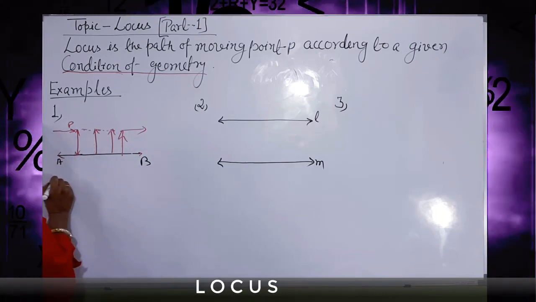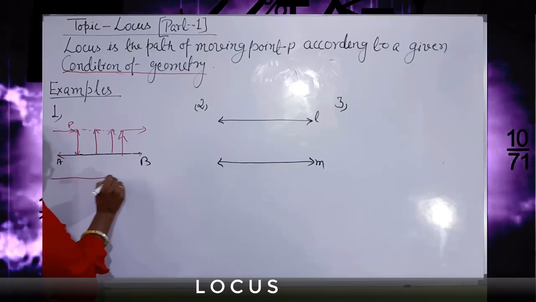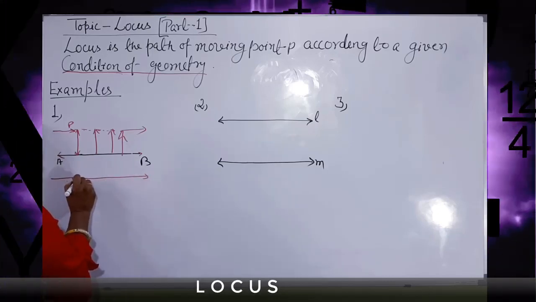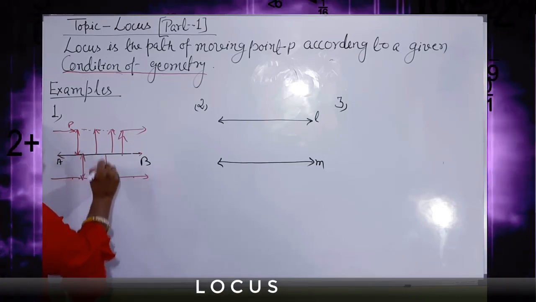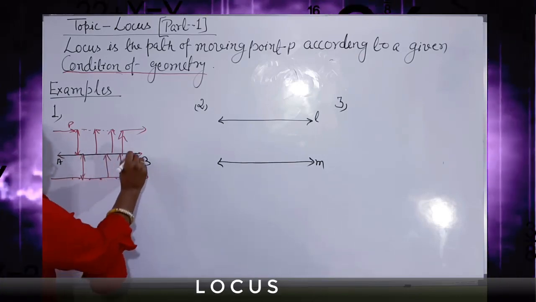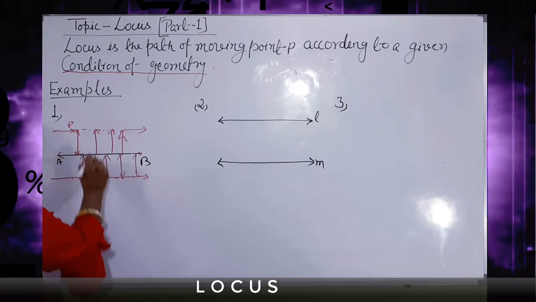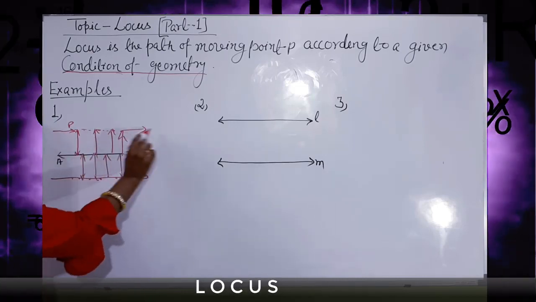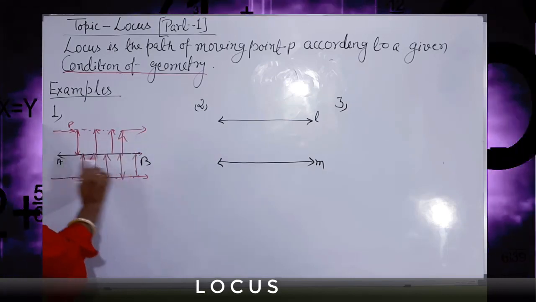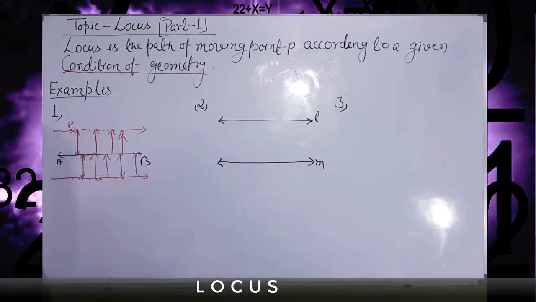So each and every point is equidistant from AB, above the line AB and below the line AB. That means these two lines are parallel to each other, and all three are parallel to each other.